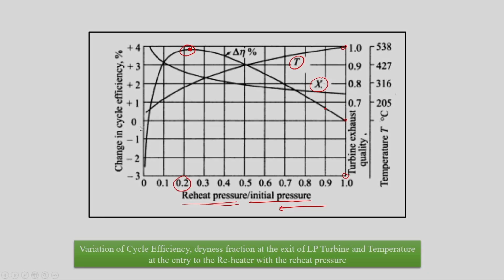So, the takeaway from the reheat part of the Rankine cycle is that if we want higher work output or higher net work from the Rankine cycle, we should adopt the reheat cycle. The reheat cycle also gives good dryness fraction at the turbine exit, but we might not have an increase in efficiency with reheat.